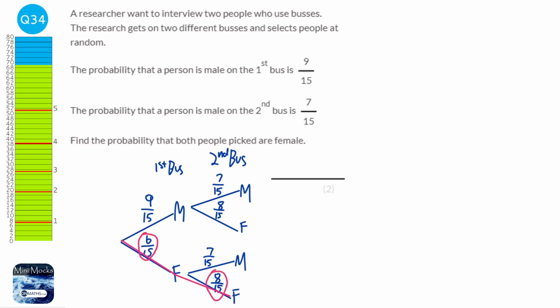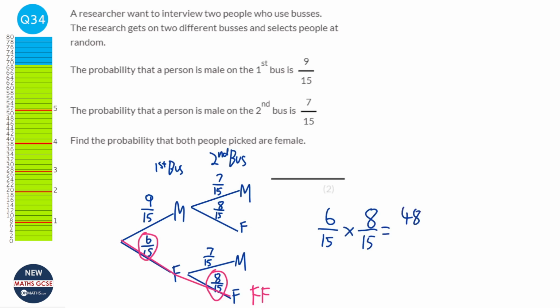The word "and" in probability means times. So whenever you're finding the probability of getting to an outcome, so this outcome will be FF, because they're both female, you are multiplying the fractions that you go across. So it would be 6/15 times 8/15. So 6 times 8 is 48, and times the bottoms, 15 times 15 is 225.